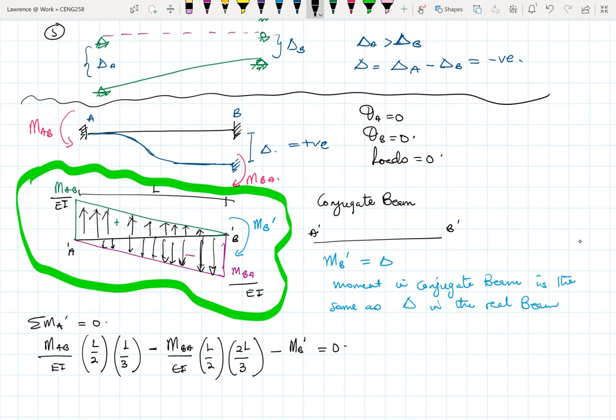Okay. These are just directions. The minuses are how the moment works in terms of the rotations. About A, MAB will give us anti-clockwise behavior, and then MB will also be clockwise. So it's just directions.